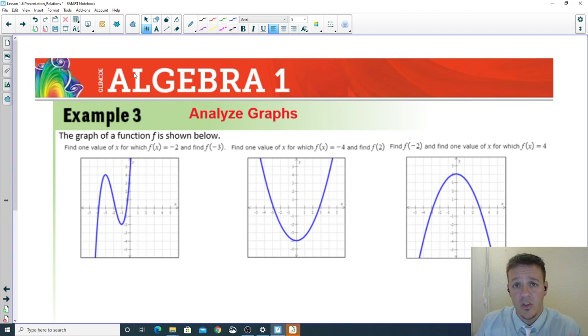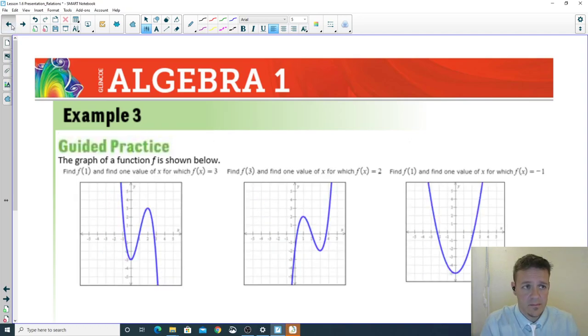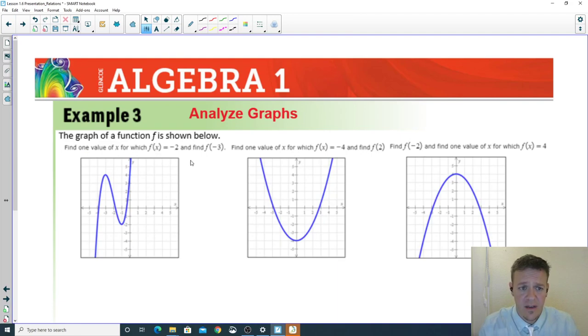We need to be able to look at a function graph and find answers. f of x is the same thing as y, so f of x equals -2 is basically saying y equals -2.